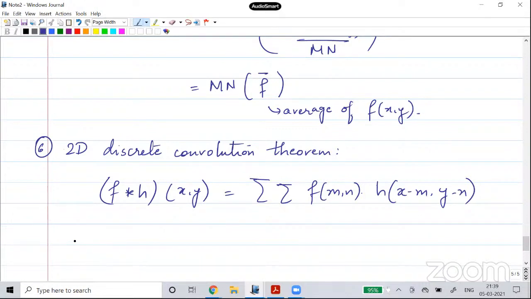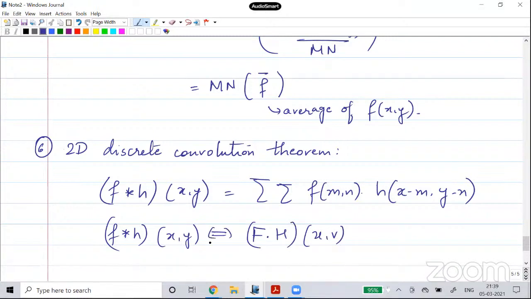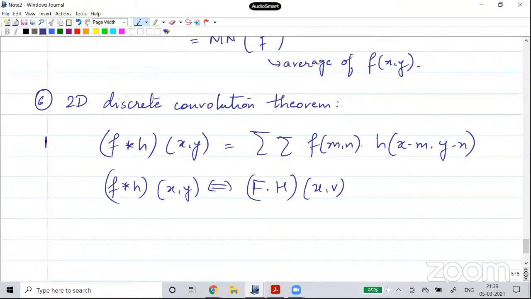When we talk about the Fourier transform pairs, f star h (x,y) and f dot h (u,v) multiplication, this is a Fourier transform pair. Okay, so this is your formula, and these are the two Fourier transform pairs for going from spatial to frequency domain and vice versa.